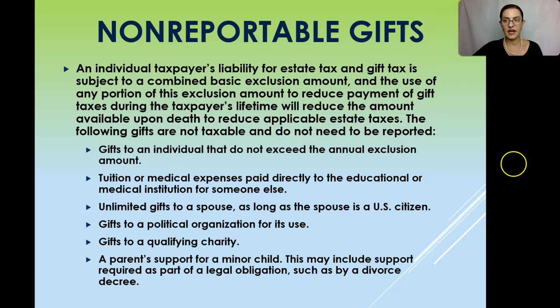There's a limit to how much you can give away to other people during your lifetime or pass to your heirs after your death. And if you go over that limit, then you're going to be subject to the estate tax or the gift tax if you're giving away gifts that are over the gift limit while you're alive.